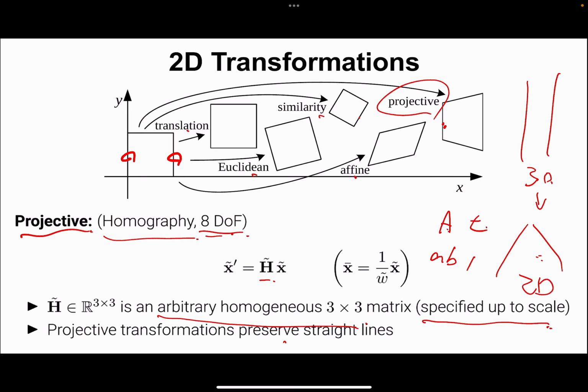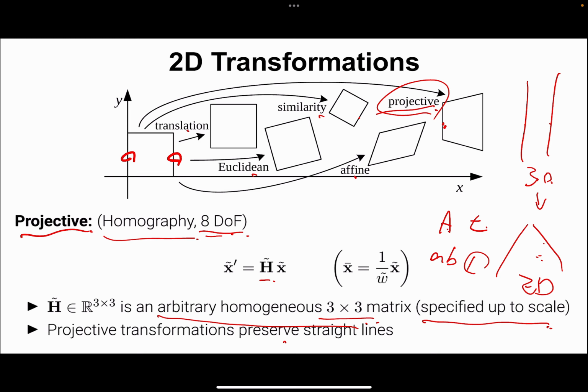With projective transformation, we can explain it: in 3D, parallel lines do not intersect, but in 2D space they can meet at vanishing points. The mathematical definition of projective transformation is just an arbitrary 3x3 matrix where the bottom right element is 1.